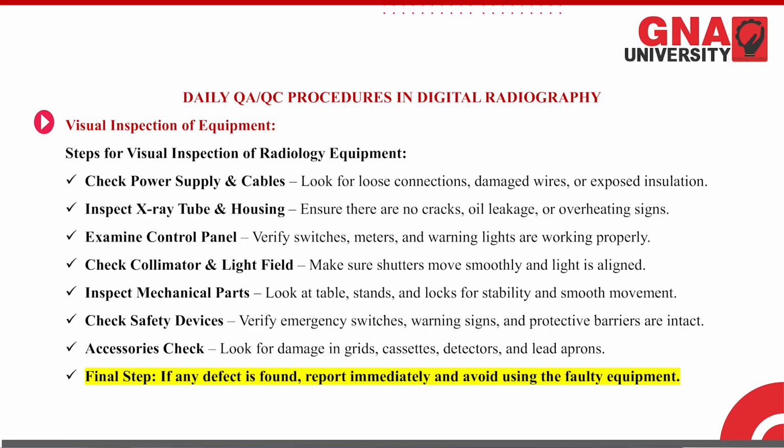So we have to check that the kVp switch is properly working, the mAs switch is properly working, and the on/off button is properly working. We also have to check all the meters: the voltmeter and the ammeter properly, and also the various warning lights. Several warning lights are present upon the control panel.